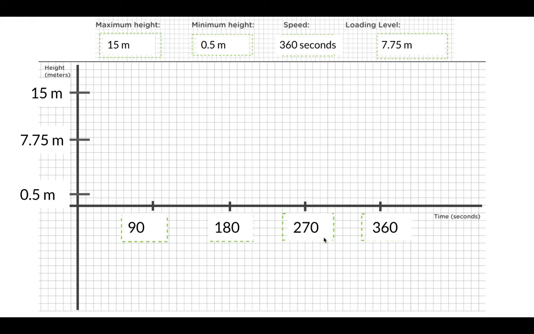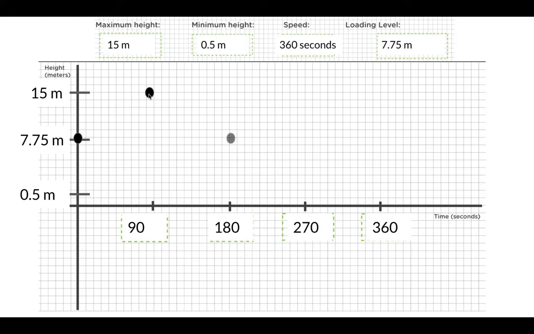Okay, I think we're ready to start our graphing. At 0 seconds, when we first begin the Ferris wheel ride, my rider is up here at 7.75 meters. So I should put a dot right there. At 90 seconds, my rider will have gone up to the maximum of the Ferris wheel. That is 15 meters tall.